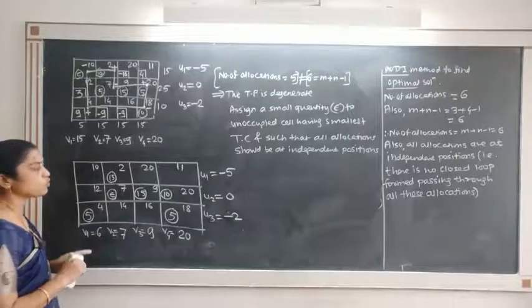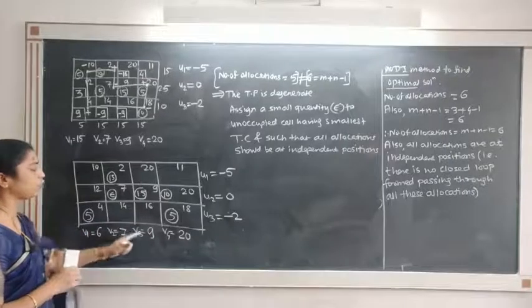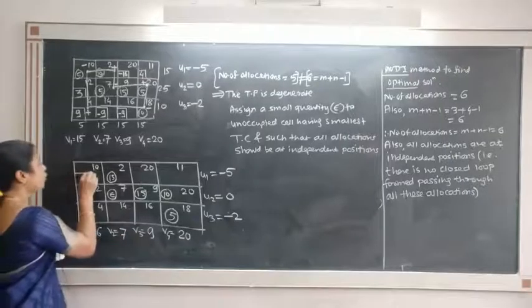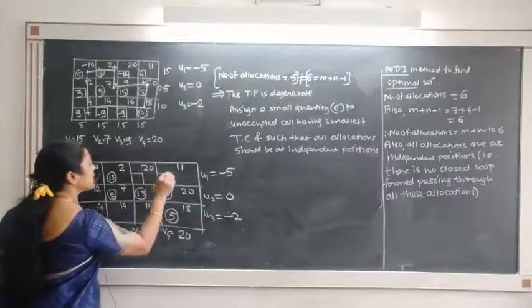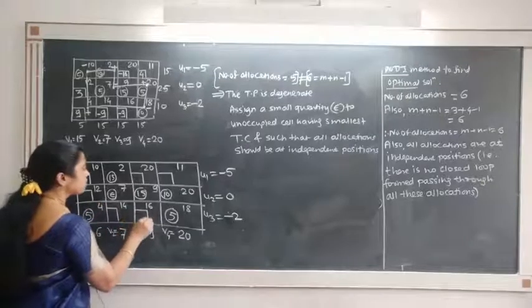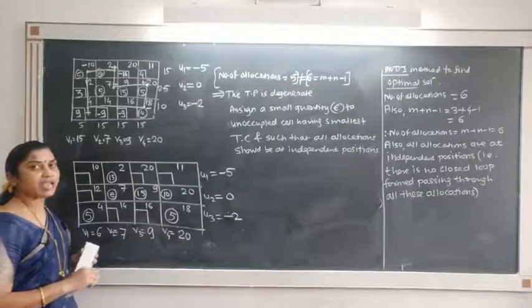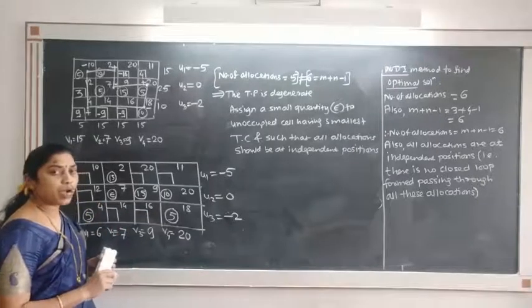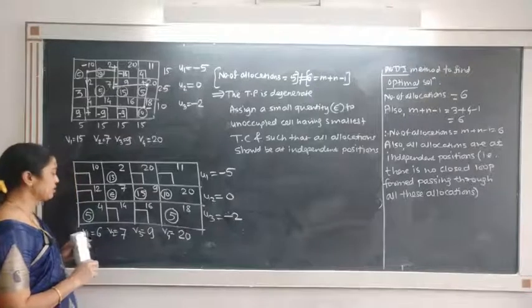We get all the values of U1, U2, U3, V1, V2, V3, V4. So we find the values of non-basic variables. For these non-basic variables, our formula is Xij is equal to Ui plus Vj minus Cij.